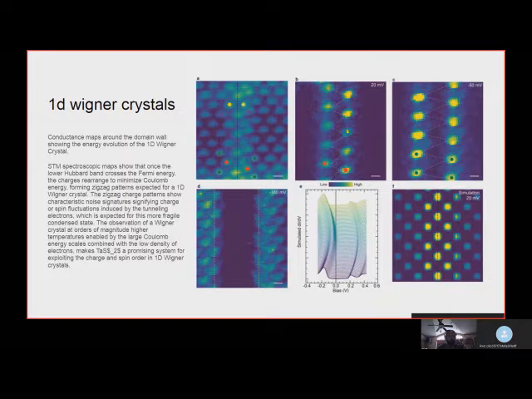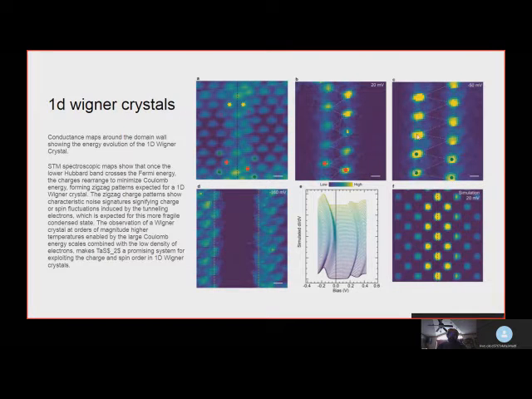The observation of a Wigner crystal at orders of magnitude higher temperatures, enabled by the large Coulomb energy scales combined with the low density of electrons, makes this a promising system for exploiting the charge and spin order in 1D Wigner crystals.